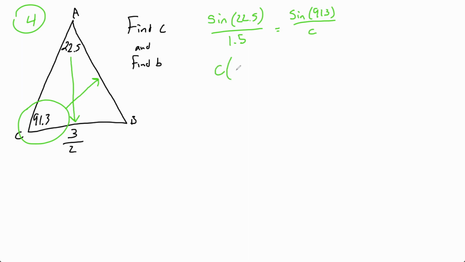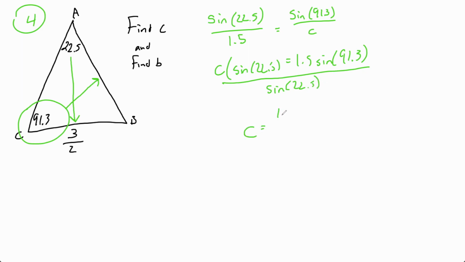So C times sine 22.5 equals 1.5 sine 91.3. And then we just divide all of that by sine 22.5, leaving me with C equals 1.5 sine 91.3 divided by sine 22.5.